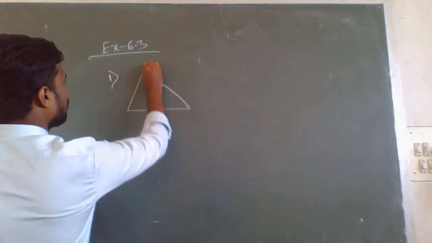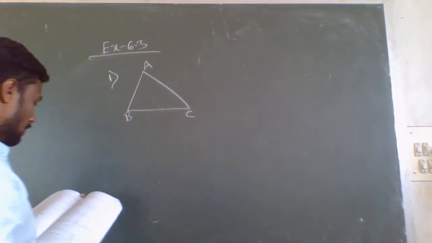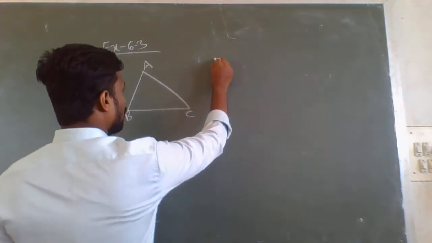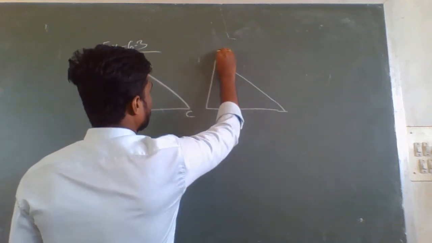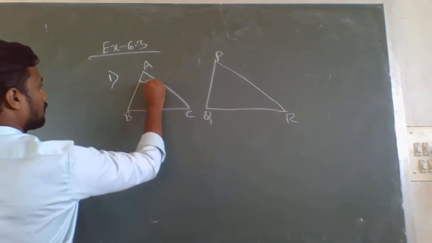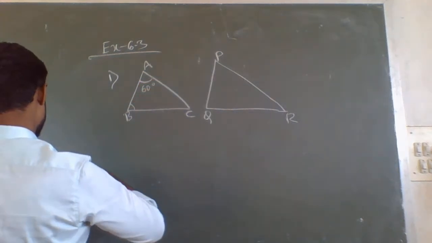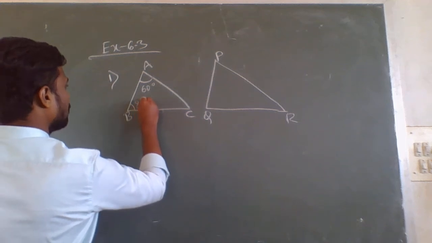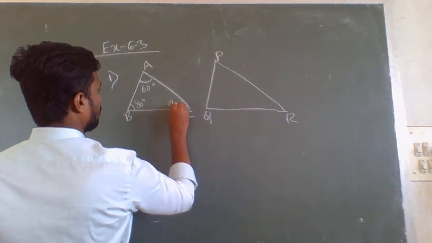Triangle ABC and PQR. Here it is 60 degree, and 80 degree, 40 degree.